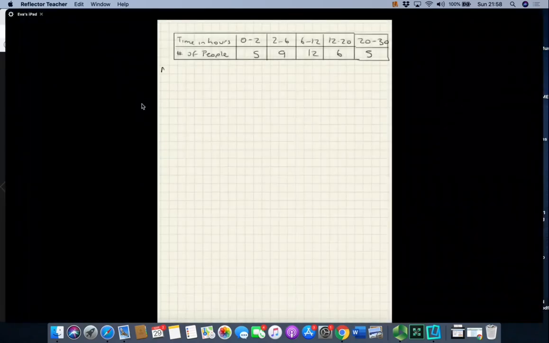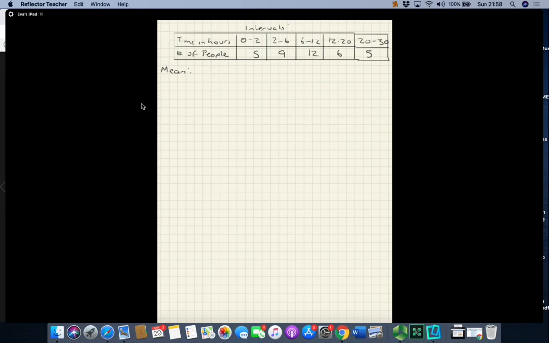Okay, so the mean. When you've got intervals and I'm calculating my mean, remember from the last one, I'm going to go 5 by. Now, here lies the issue. What value do I take? Do I take 0? Do I take 1? Do I take 2? How do I manage an interval?